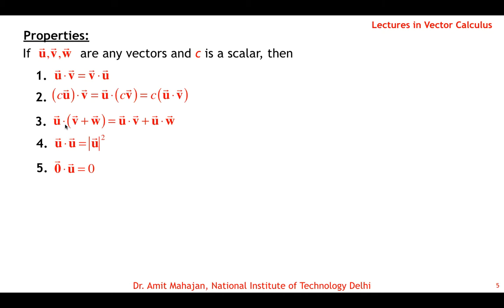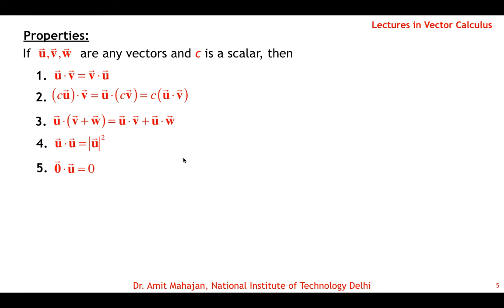Third, u dot (v plus w) is the same as u dot v plus u dot w. So if we add two vectors and then take a scalar product with u, or if we take the scalar product of u with v and with w and then add the results, it gives the same result.